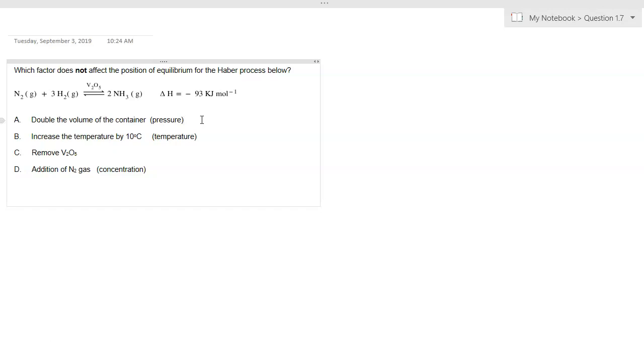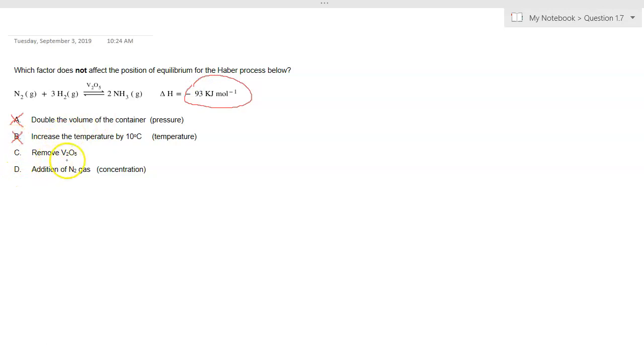So it will affect the system, because pressure is one of the factors that affects the equilibrium. So we can cross this out. Next, increasing the temperature will also shift the system to the left because it is an exothermic reaction. So we can cross this out.